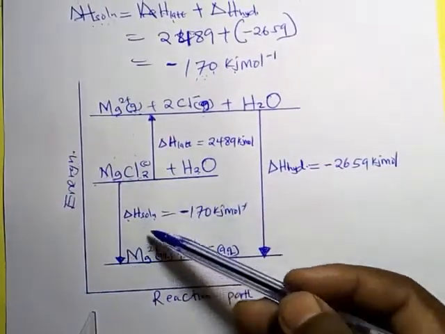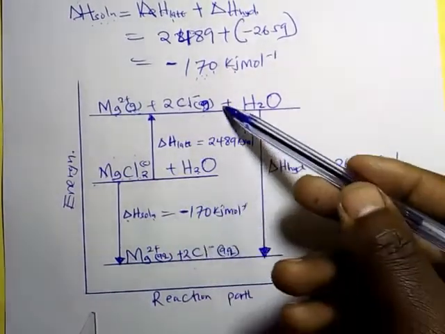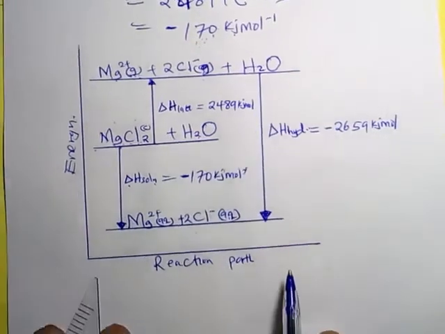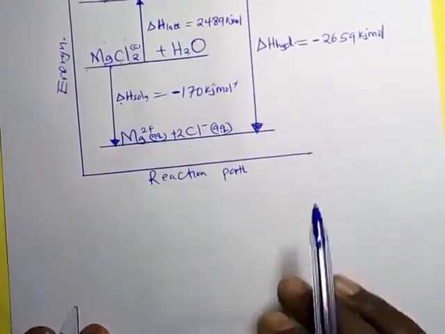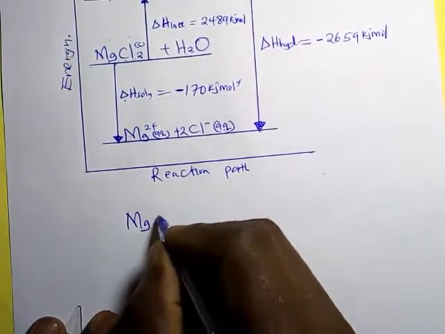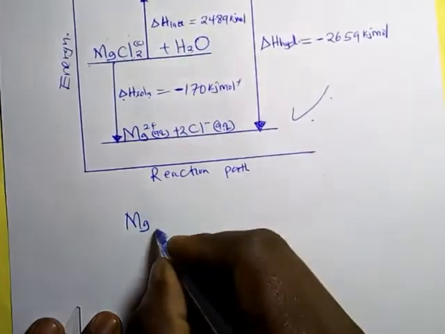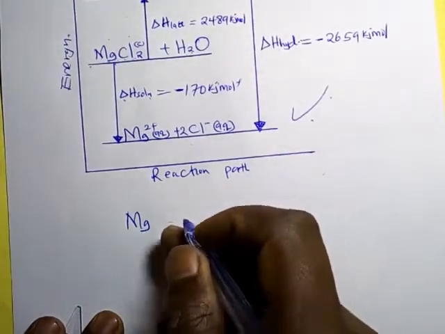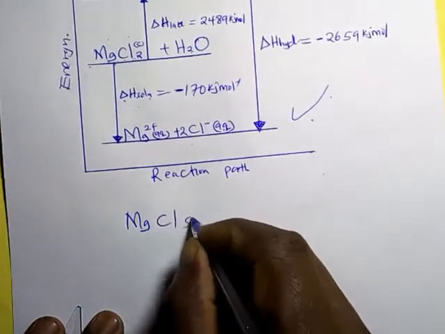Using Hess's law, we can draw an energy cycle for this. Let me draw a small energy cycle. We have finished the energy level diagram. Now I'm showing you how to draw the energy cycle for the same solid magnesium chloride.